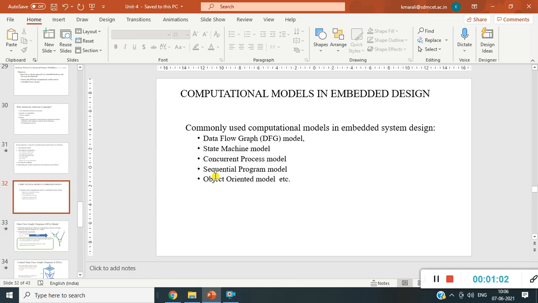In order to develop these computation models, we have different modeling techniques like the data flow graph model, state machine model, concurrent process and sequential process model, object oriented model, and so on.